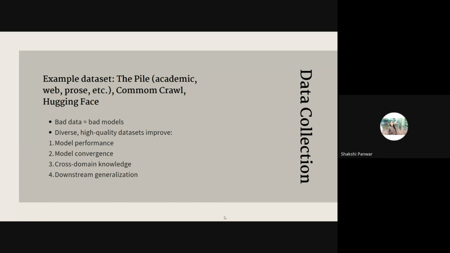Better downstream generalization: models trained on diverse datasets tend to generalize better to unseen data in downstream tasks, resulting in more robust and reliable performance.